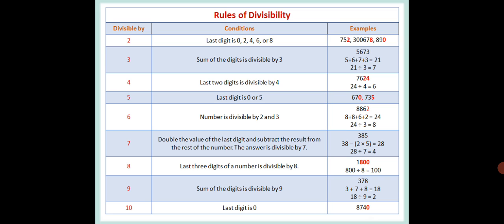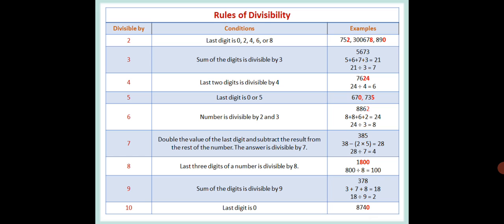Okay children, here the number is 7624. The last 2 digits are 24 and 24 is divisible by 4. So the whole number is divisible by 4. So the condition is: if the last 2 digits of a number are divisible by 4, then the number is also divisible by 4.